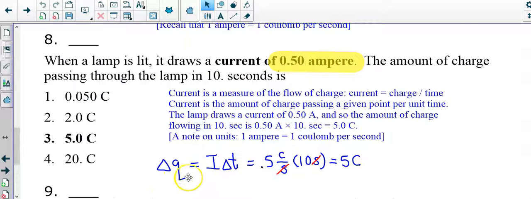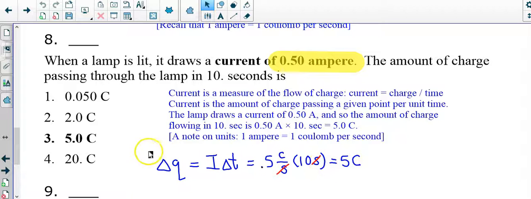So in this problem, Q equals I delta T. You have 0.5 coulombs per second, which is what an amp is. That's the trick. An amp is a coulomb per second, times 10 seconds. Cancel out your seconds, and you get 5 coulombs of charge.